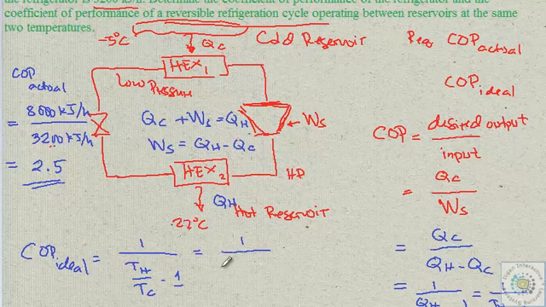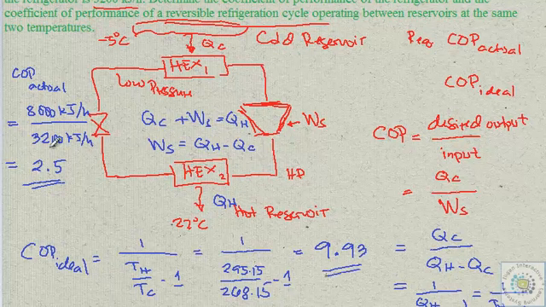So 22 is 295.15 Kelvin divided by TC, which is negative 5, so negative 5 plus 273.15, that's 268.15, minus 1. So 295.15 divided by 268.15 minus 1, 1 divided by that. It gives me a value of COP for an ideal refrigeration cycle, 9.93.